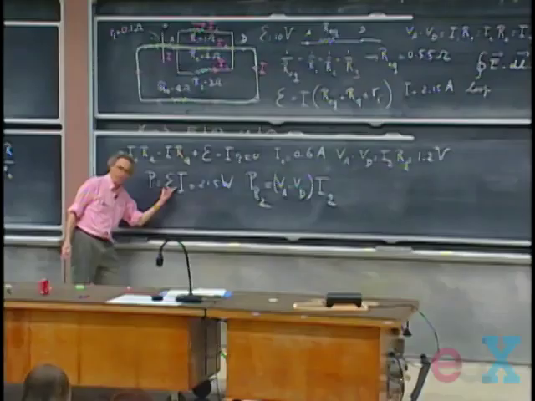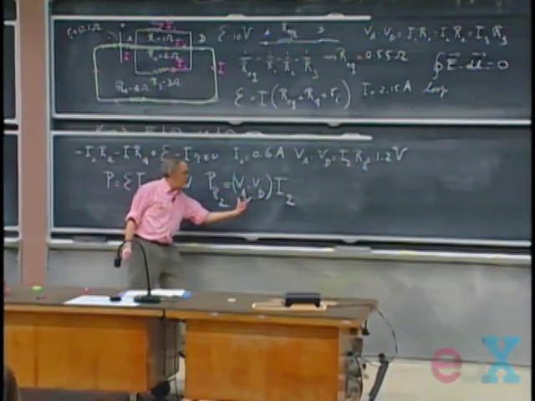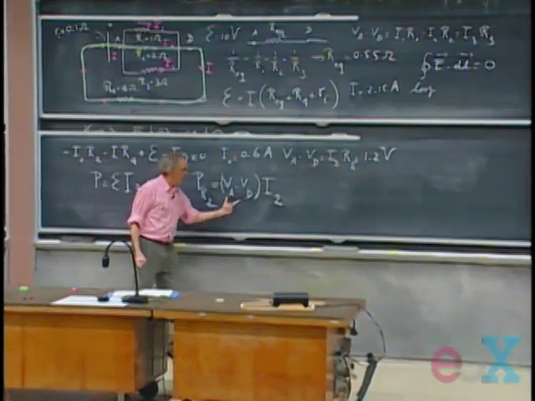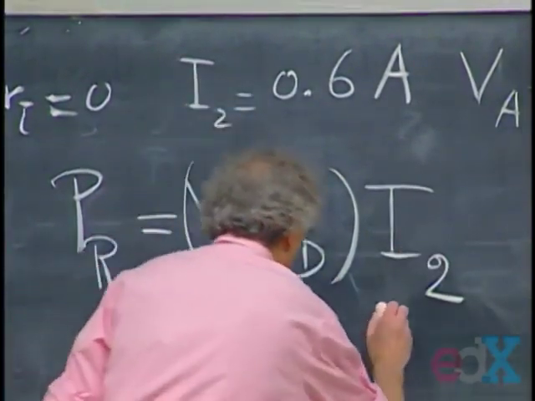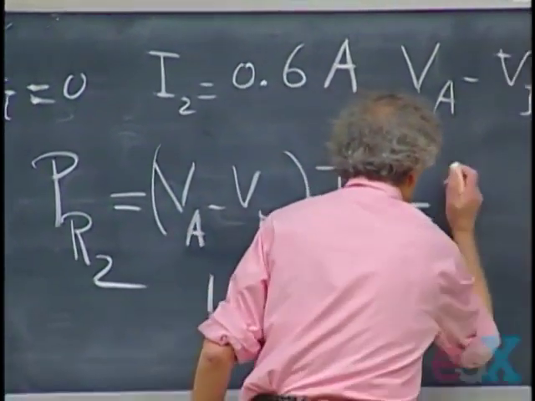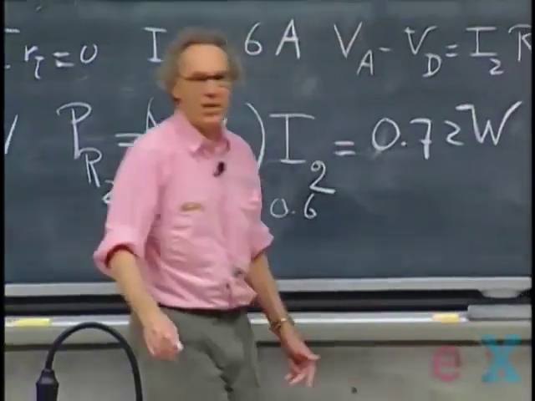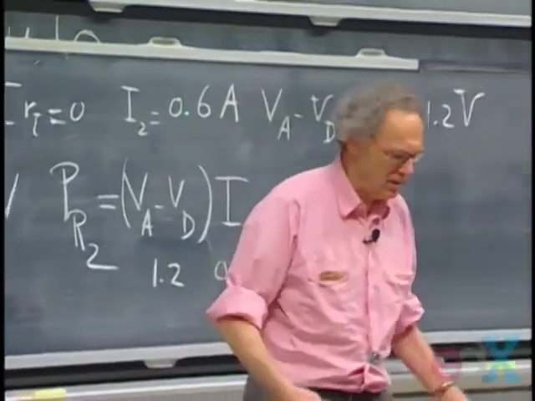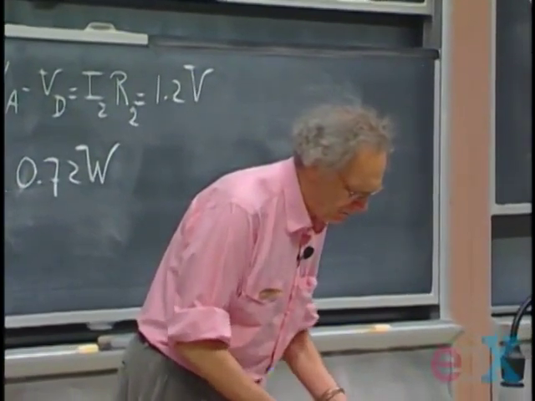That is the total potential difference available times the total current. But of course, R2 only sees a potential difference which is 1.2 volts, and it has an I2 which is only 0.6 amperes, so this is only 0.72 watts. So that is the number of joules per second in terms of heat that is produced in R2.